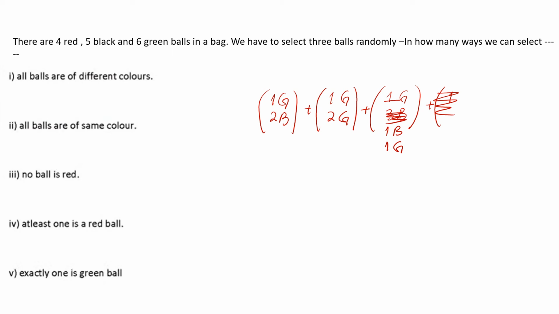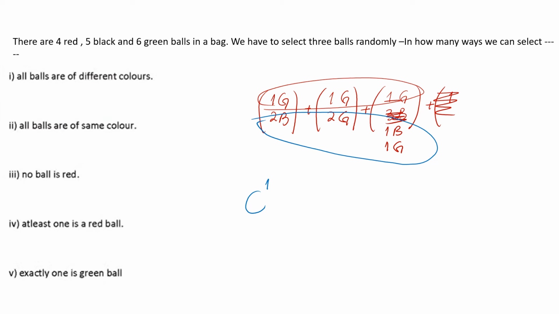So how can you solve this question? Exactly one is a green ball. It means one has to be green ball in all the situations. In the remaining situation, what it could be, they don't concern with this. The other balls, whether they are black or they are green, which means that exactly one is the green ball.